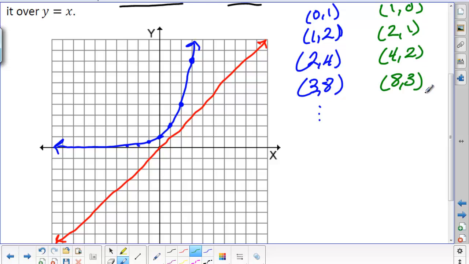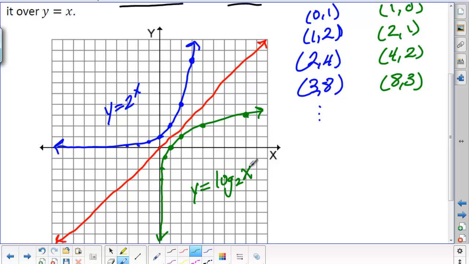So we get these coordinates: 1, 0. 2, 1. 4, 2. 8, 3. And then continuing the pattern, we'd have points that get closer and closer. So we end up with this graph right here. This is y equals 2 to the x. This is y equals log base 2 of x.